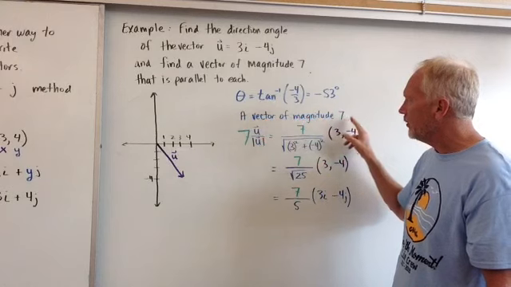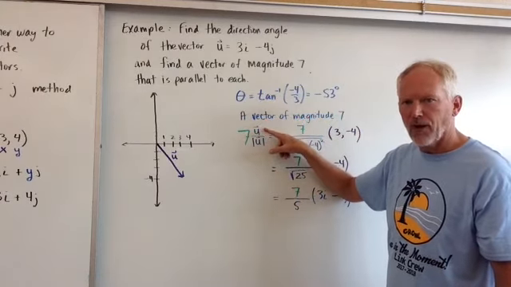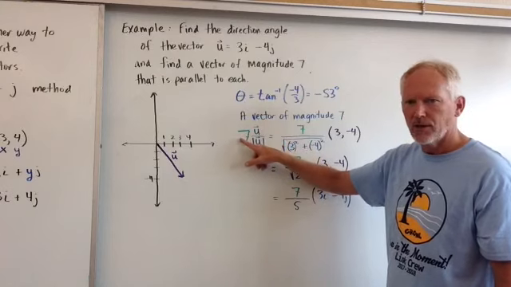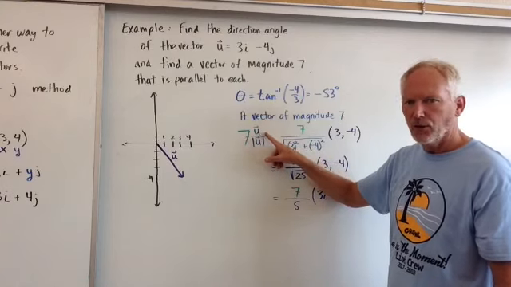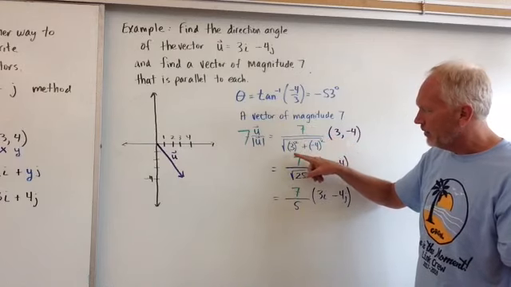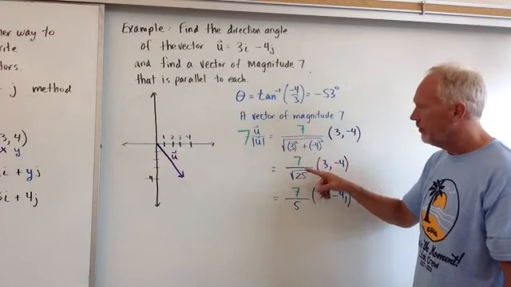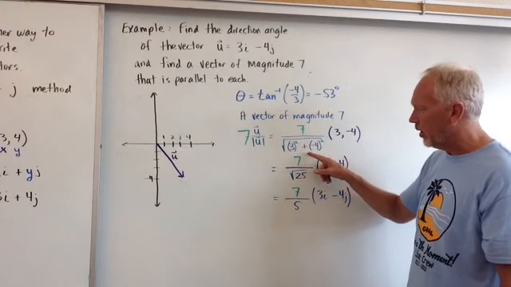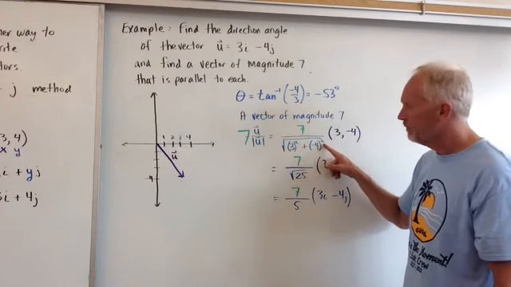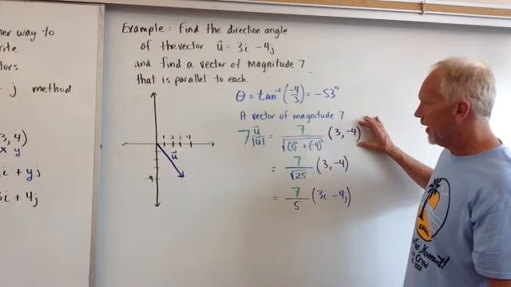Now, for a vector of magnitude 7, all we're going to do is multiply the unit vector by 7. So it's 7 times u over the magnitude of u. So we get 7 divided by the square root, doing magnitude again, of 3 squared plus negative 4 squared, and then multiply that by the vector itself.